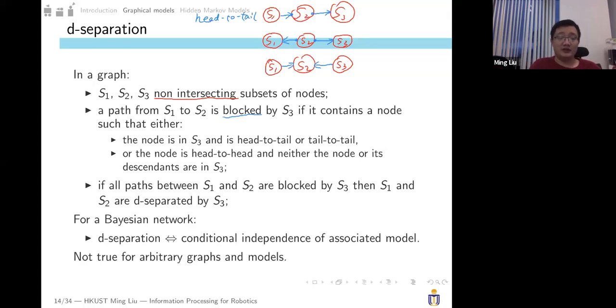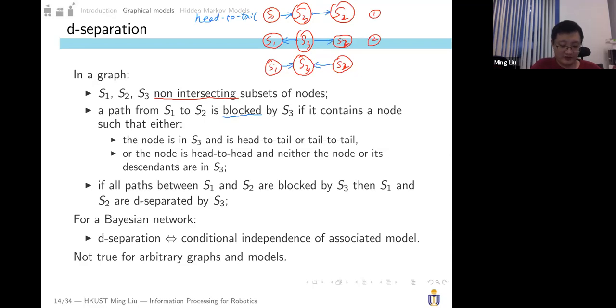So a path from S1 to S2 is blocked by S3 if it contains a node that belongs to the first case or the second case.